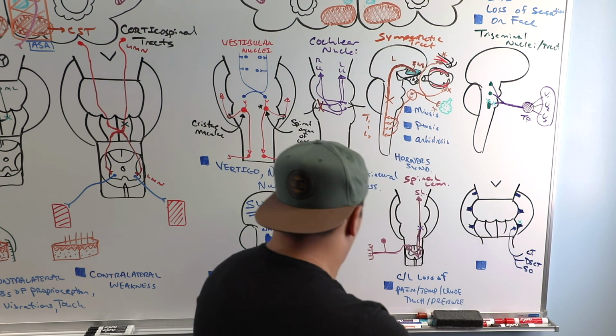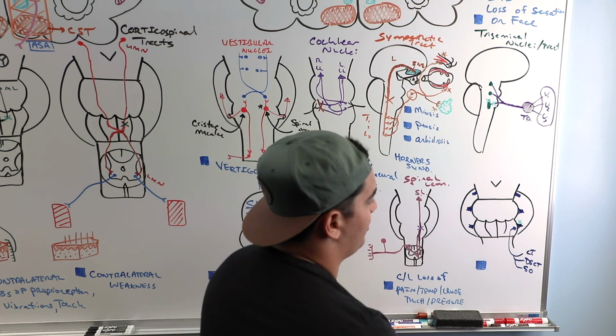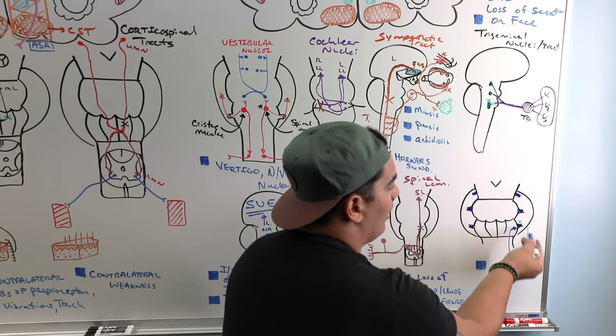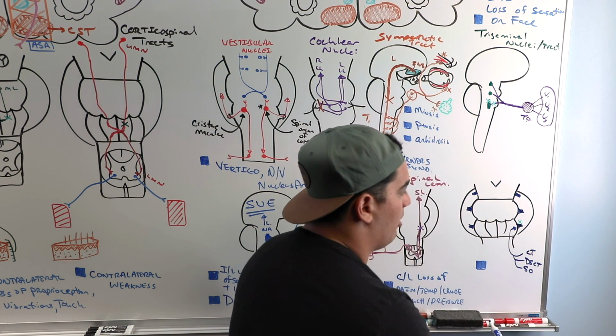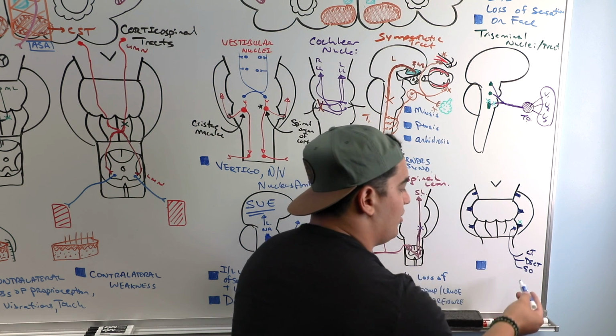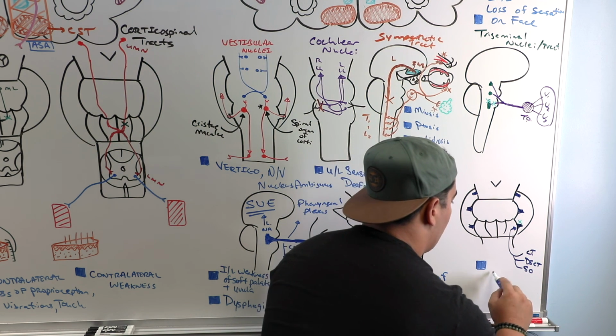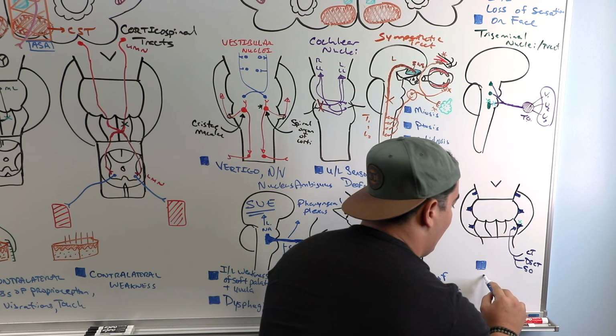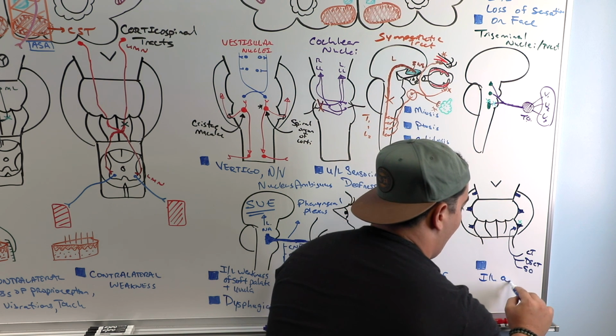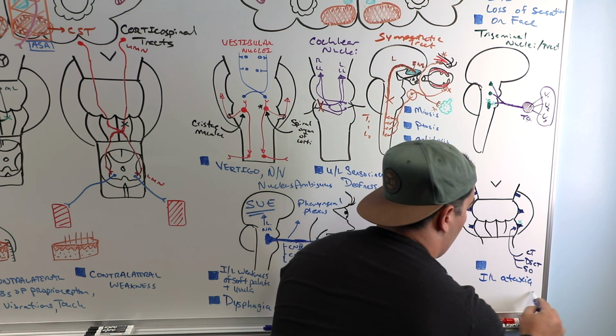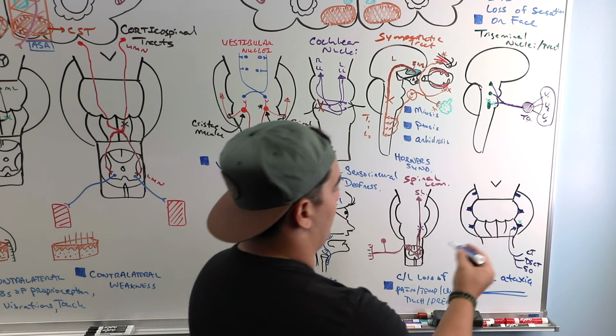And that is important. So what else can these patients develop if you damage their left, in this case, inferior cerebellar peduncle? You're taking away the connection to the sensations of the body. And this is from that side of the body, right? So ipsilateral ataxia. That's important.